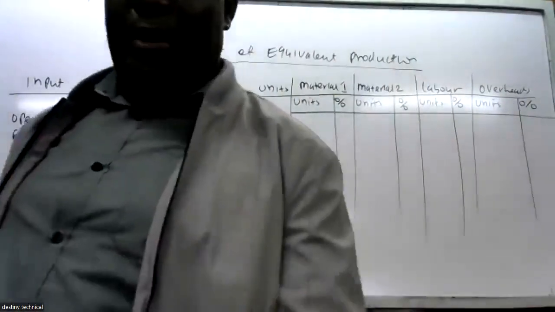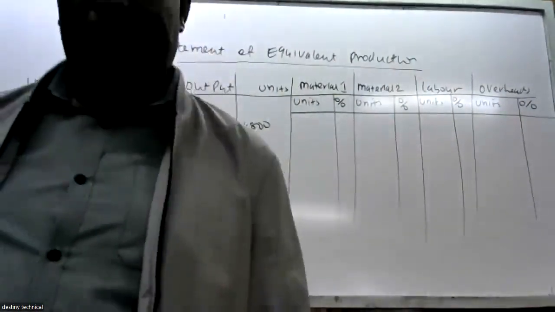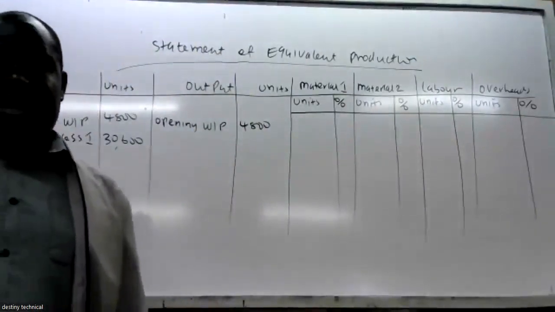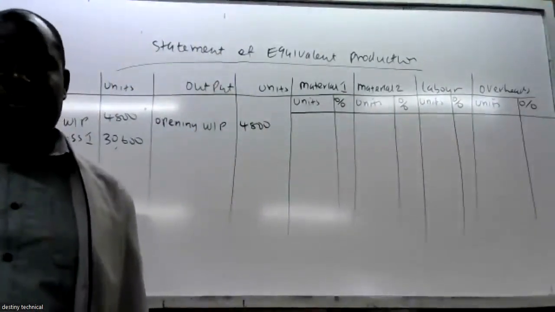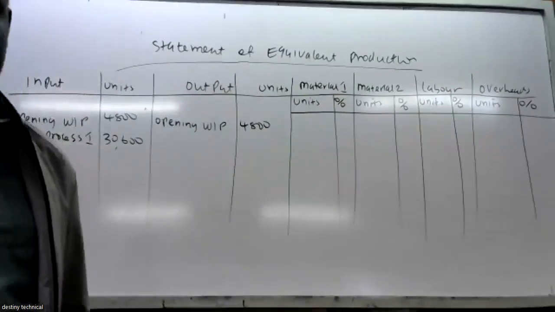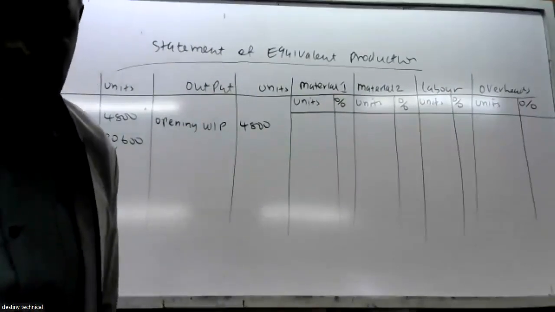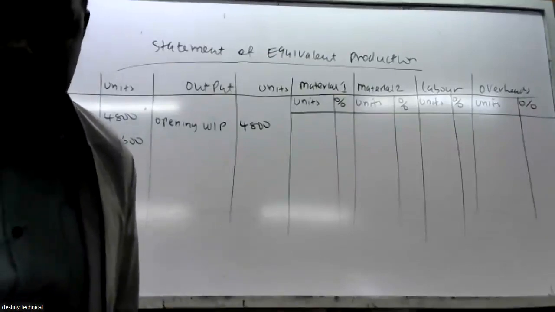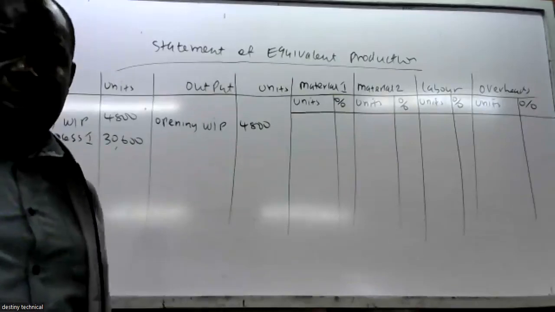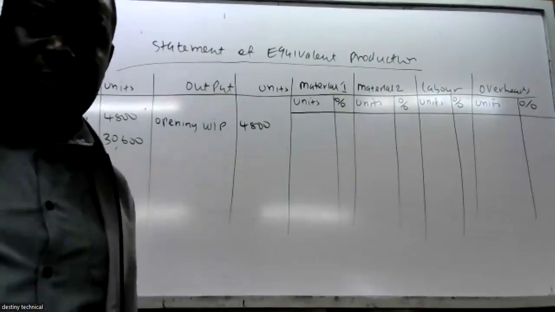For the opening work in progress, you want to know what is going to be completed in the current period. This question has only given you one type of material. If you go through the notes, we were able to write in note number 2.